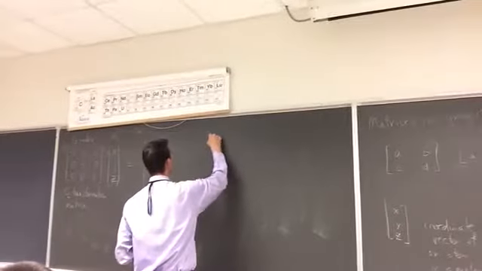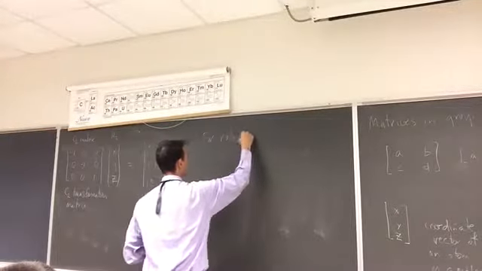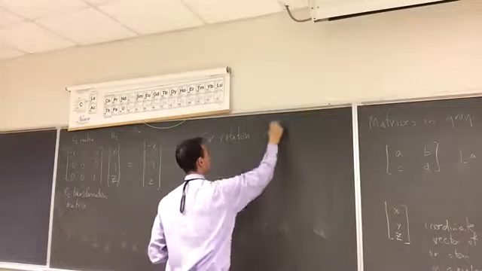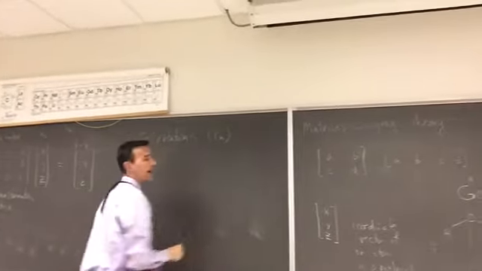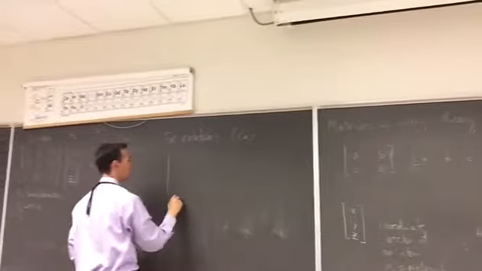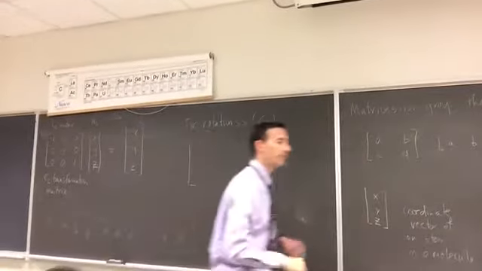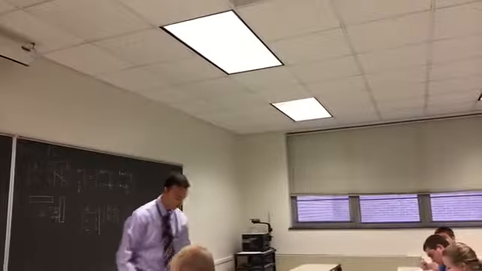For rotations, for any Cn, the general form of these matrices, I always mix up which ones. There's one that's negative, and I always mix it up, so I'm going to make sure I get the right one.